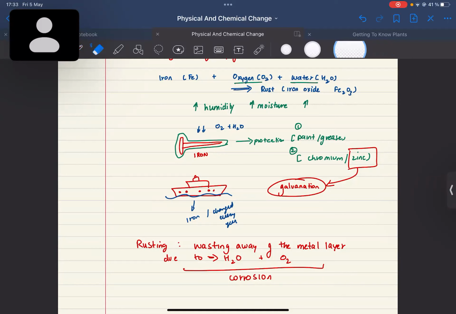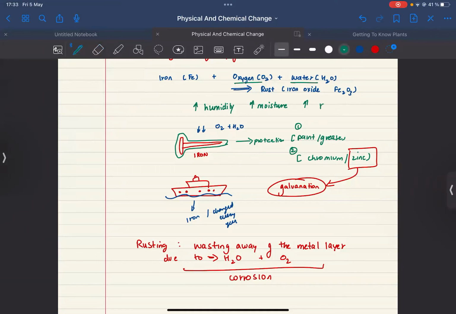It's rusting now. Don't write these disadvantages now.